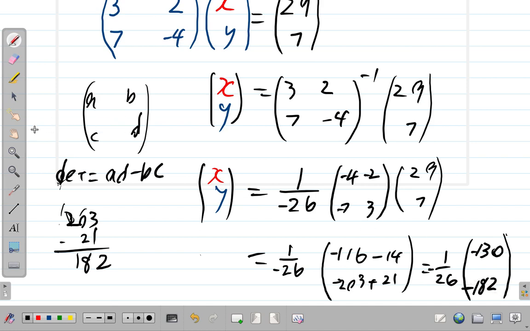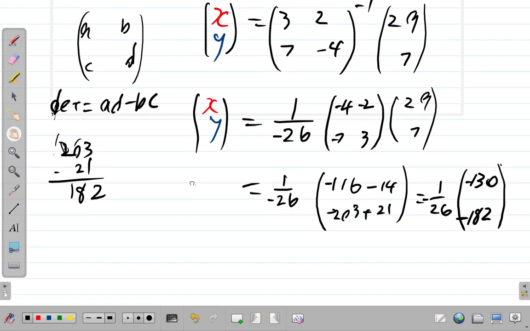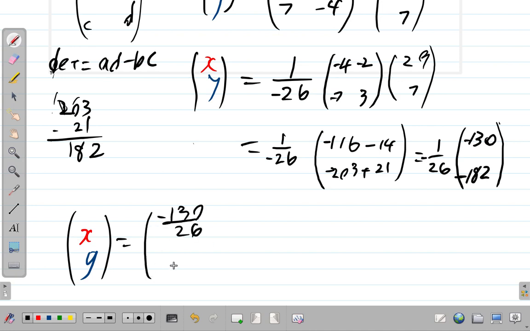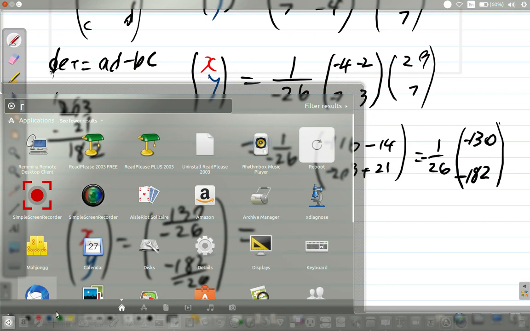So now, xy would be what? We're getting down to the final step. The matrix x, y would be equal to negative 130 over negative 26, and then negative 182 over negative 26. Let's just use a calculator for this.